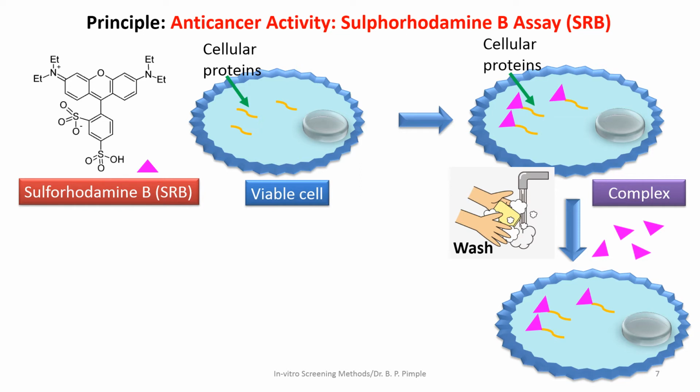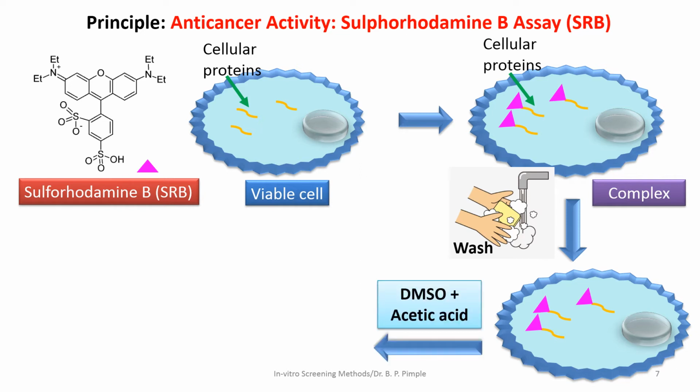Next step is to kill the living cells in the test tube. If there are any living cells, they are to be killed. Lysis is done by addition of DMSO, tris buffer solution and acetic acid solution. Now killing will cause leaching of the cell membrane, so all the dye will come out into the test tube.